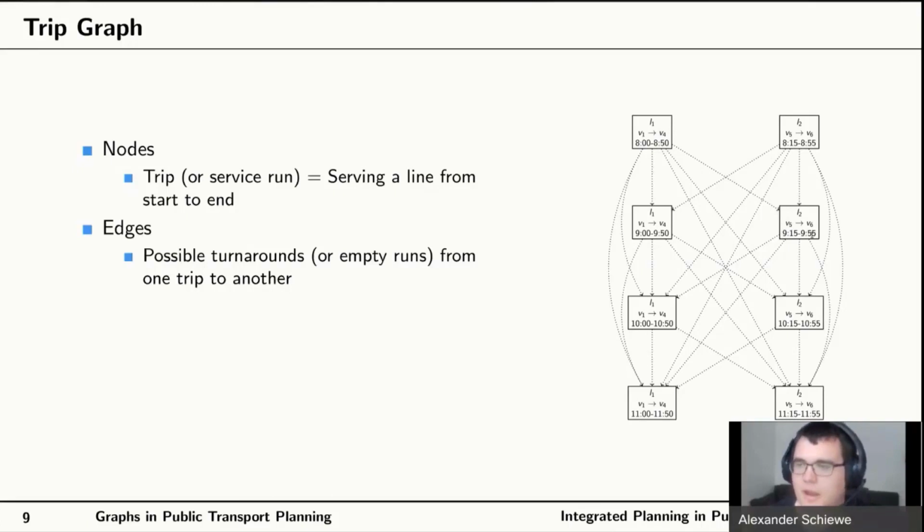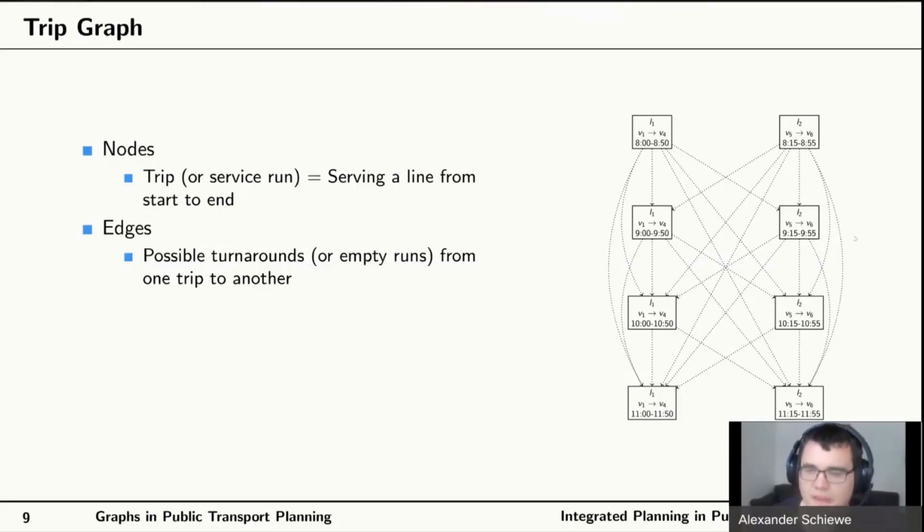And this may now depend on where the lines or the trips start or end, how much distance is between them, how much turnaround time our vehicles need. For example, do we need to do some kind of maintenance or stuff like that? Do we need a crew change? Those are all things that we could now model in these edges. And if it's possible to serve both trips with the same vehicle.